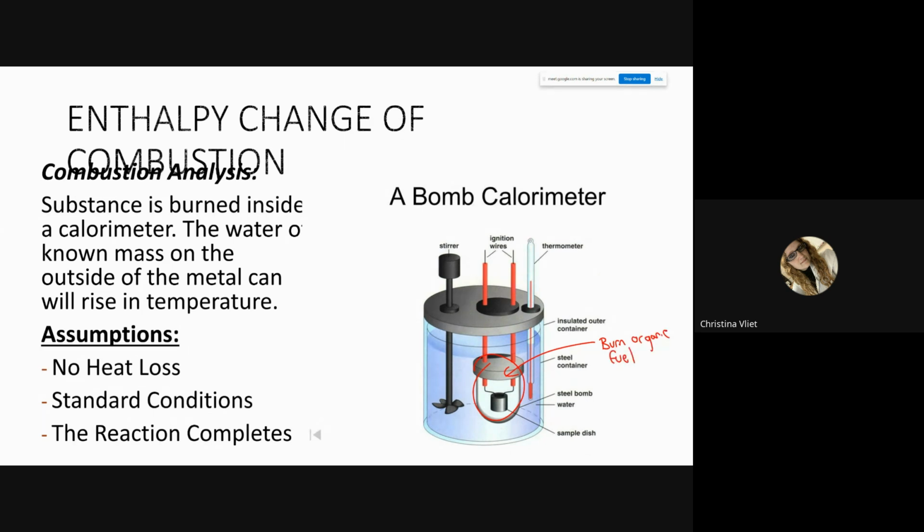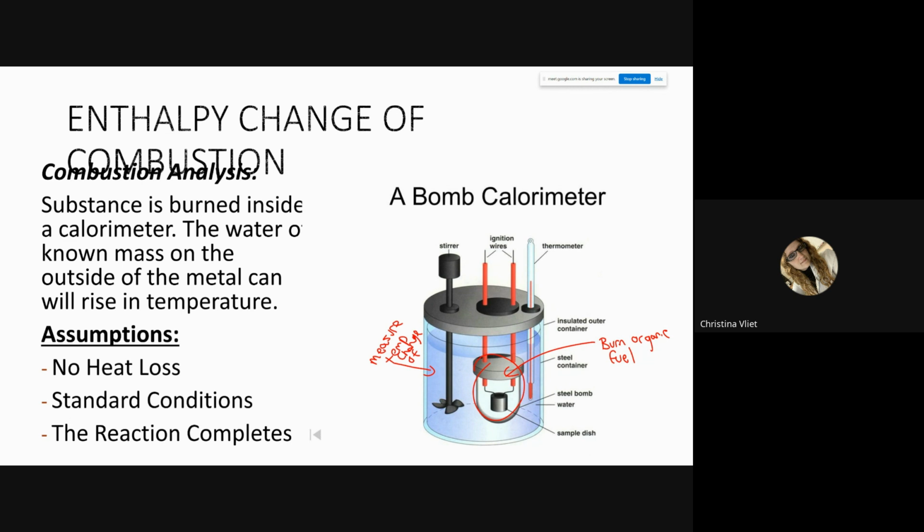The heat from the burning transfers into a vat of water, so this water is what you measure the temperature change of. You will not see a lab like this on your paper 3. However, you could get questions about it.